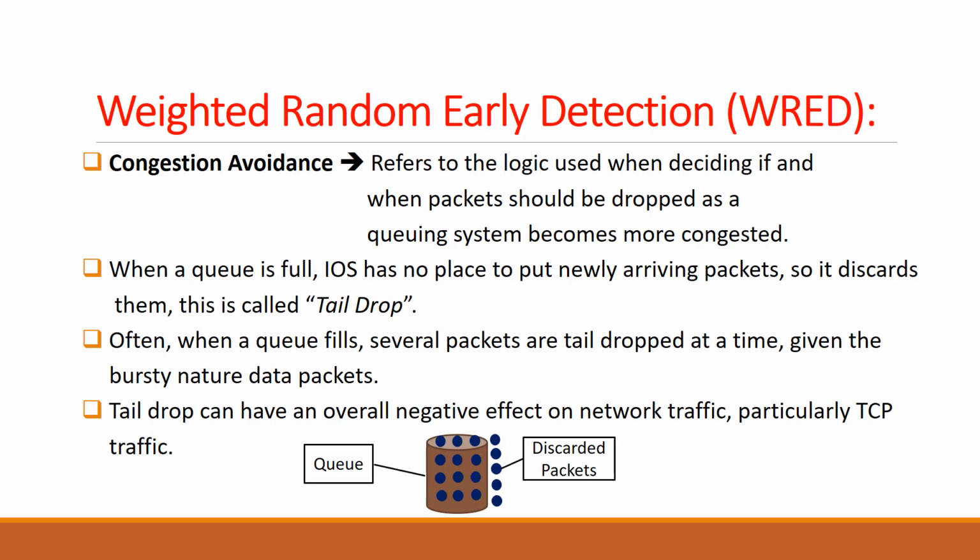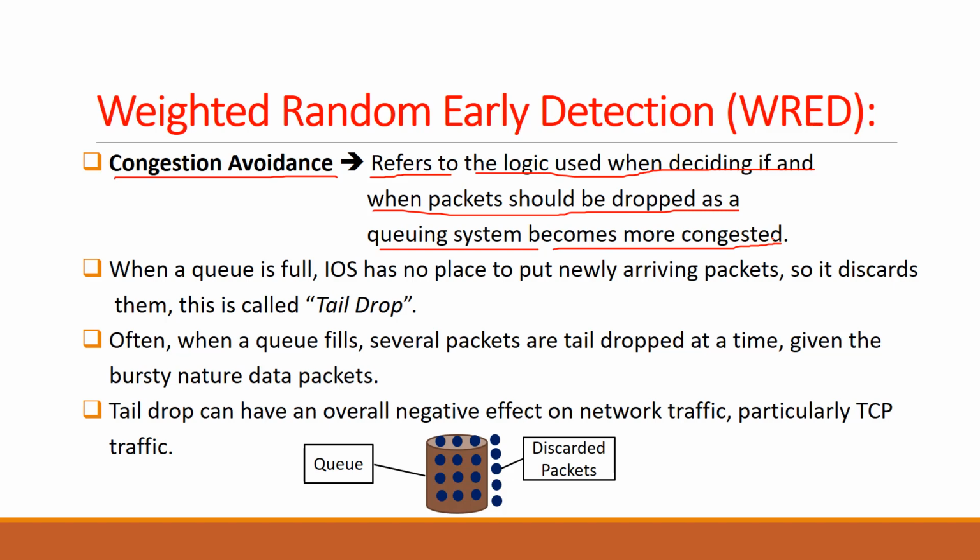So to define again congestion avoidance, let me first bring the pen. As a definition, congestion avoidance refers to the logic used when deciding if and when packets should be dropped as a queuing system becomes more congested.